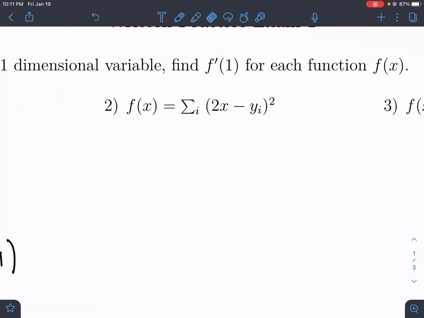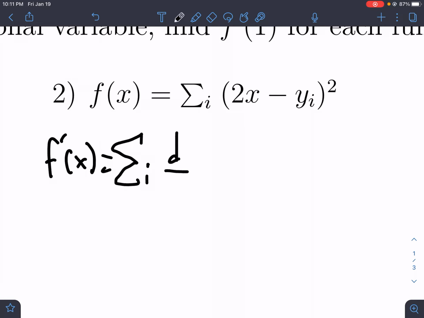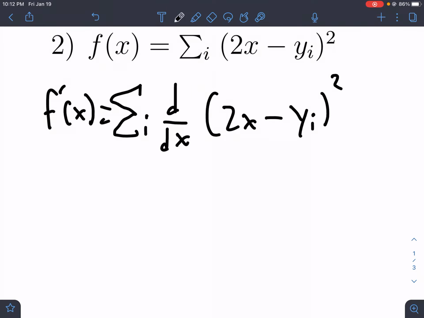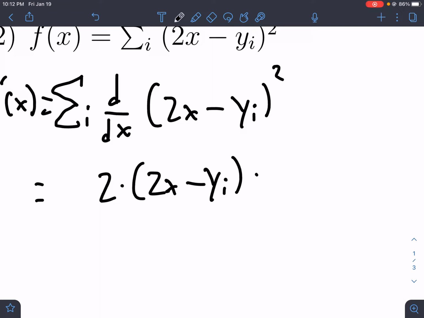Okay, so we'll start by defining f prime of x equals, and we'll keep the sigma notation, d dx of the inside. Now the derivative of this is, we're going to bring down the 2, so we have 2 times 2x minus yi, and then we also have to do the chain rule again, so d dx of 2x minus yi.